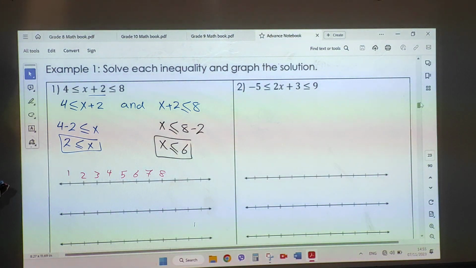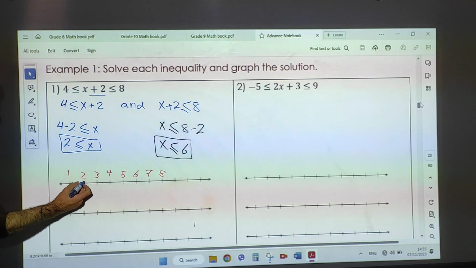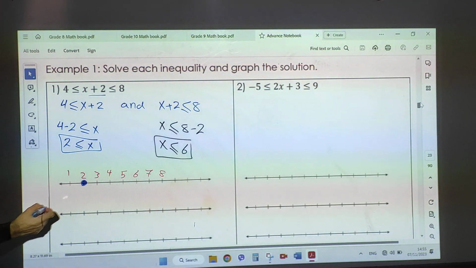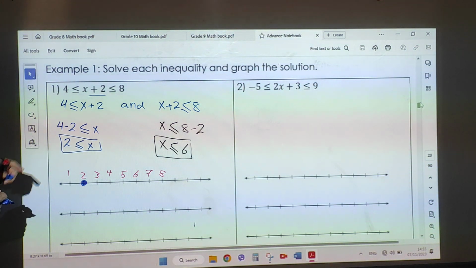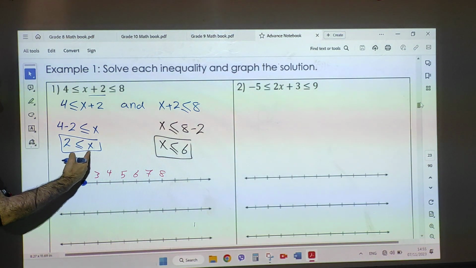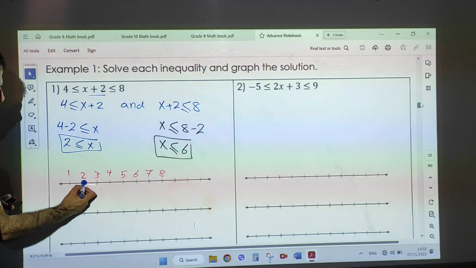For the first part, 2, and we fill the circle. 2 less than or equal to x means numbers greater than 2. You can check a number for yourself, put 4: 2 is less than 4, yes, so you go to the side where you have 4.